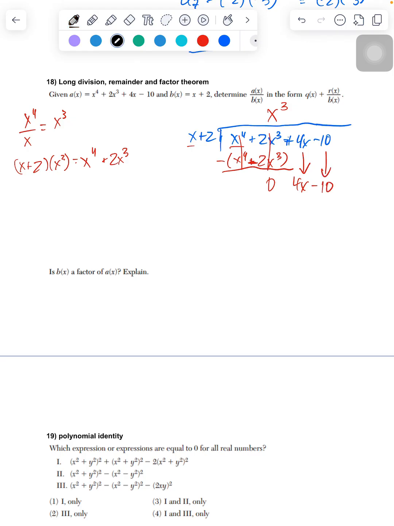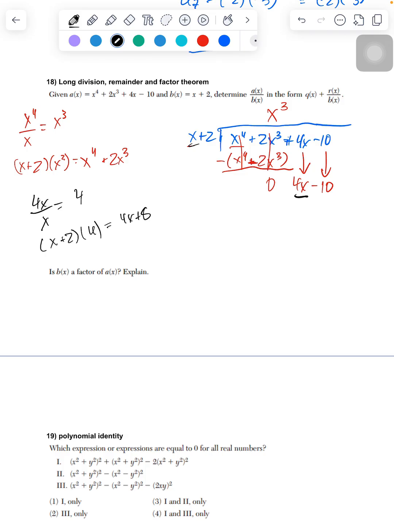Wow. Okay, all right. Now, remember, leading term divided by leading term. So 4x divided by x equals 4, so I'm going to multiply that by the divisor, x plus 2 times 4, right, which is going to give me 4x plus 8.